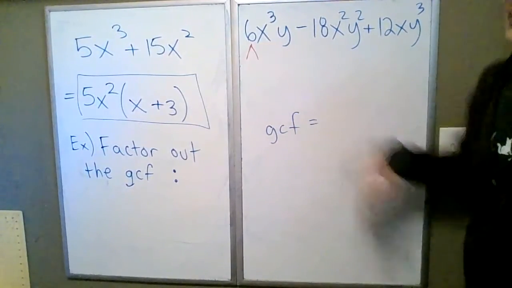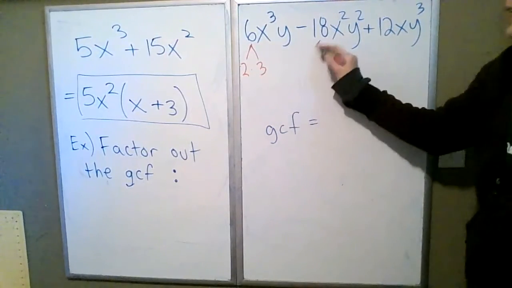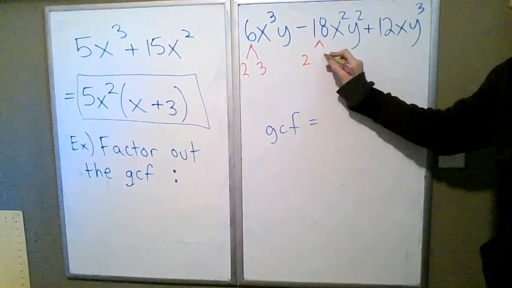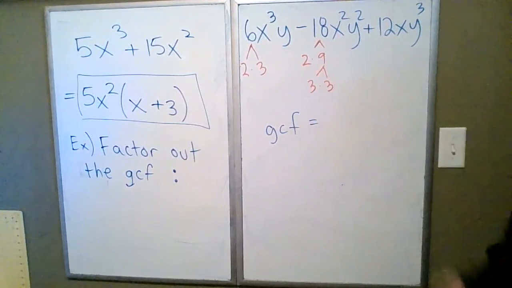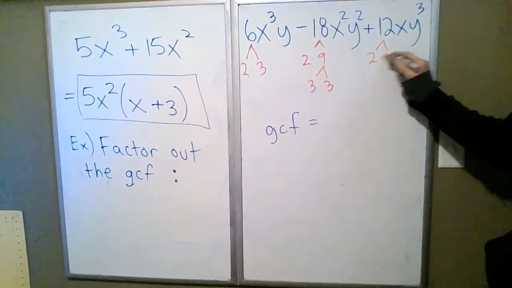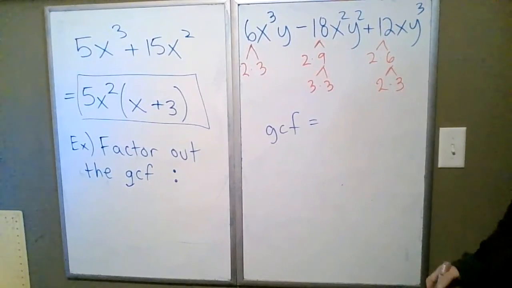Okay. 6 is 2 times 3. 18, you can do 2 times 9, and that's 3 times 3. 12, let's go with 2 times 6. 6 is 2 times 3.